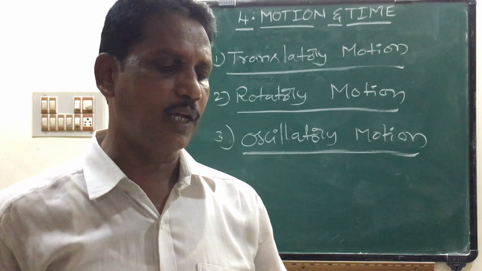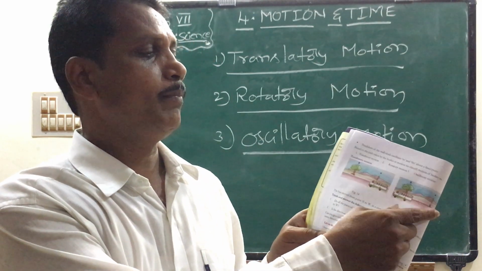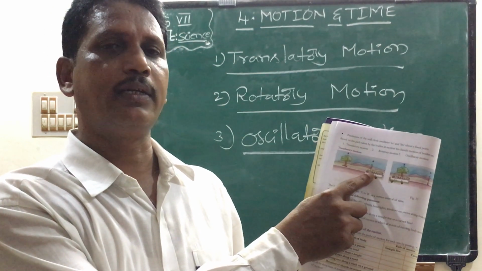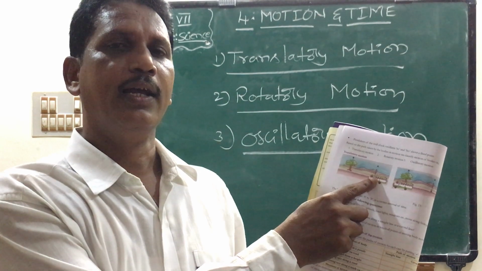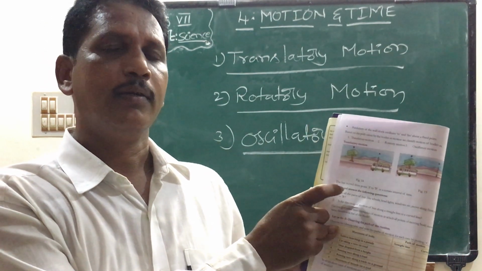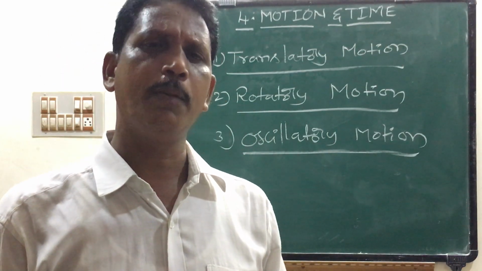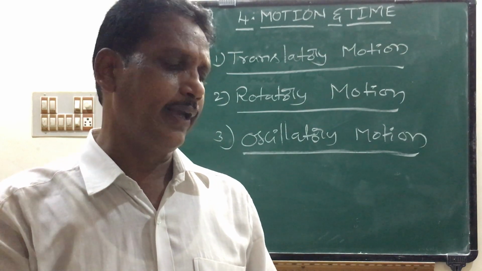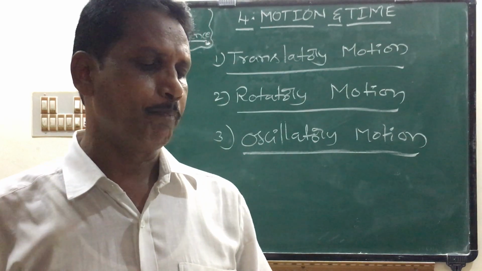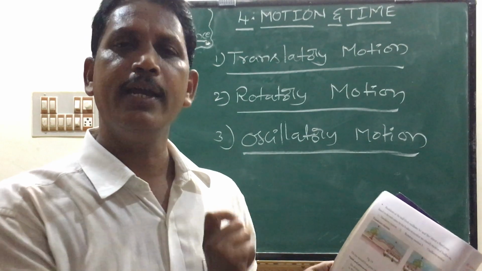Okay, here see page number 32. Do all parts of the bus move from A to B? A bus started from point A and reaches point B. First question, do all the parts of the bus, meaning the bus body, wheels, headlights, windows, seats, move along from A to B?